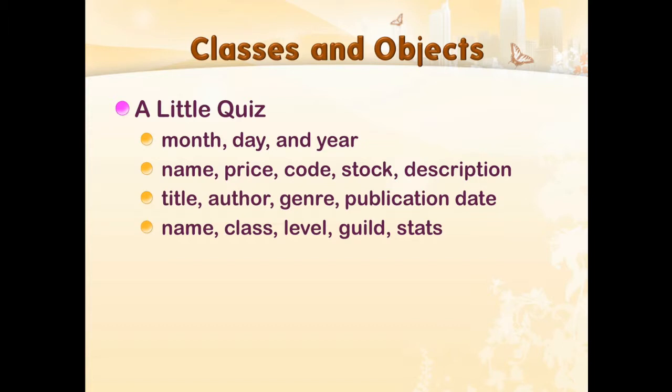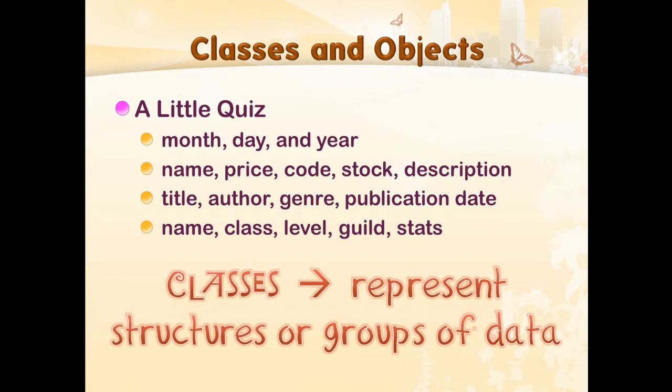The reality is that data, when put together, are more meaningful because they represent something. And this representation of data is the motivation behind classes and objects. Classes are used to represent structures or sets of data.